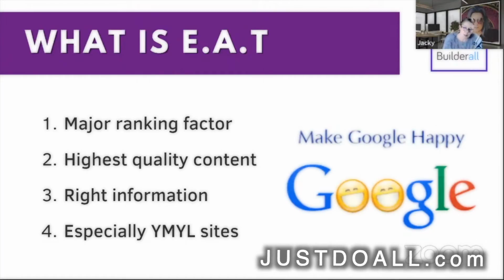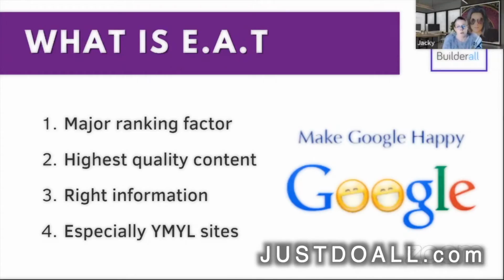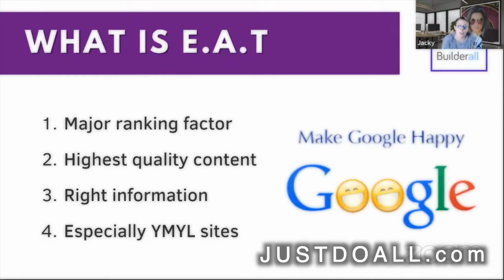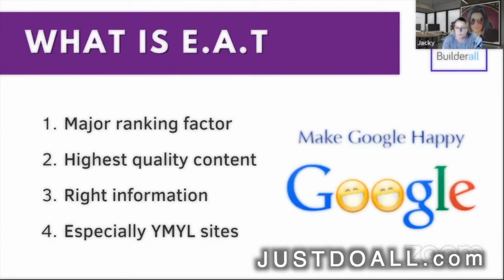Now, part of this means evaluating not only the page content, but also the creator's reputation as well. So instead of focusing solely on what the site page says, Google now tries to understand who is saying it. And this is particularly true for those specific sites, which are under that umbrella called YMYL.